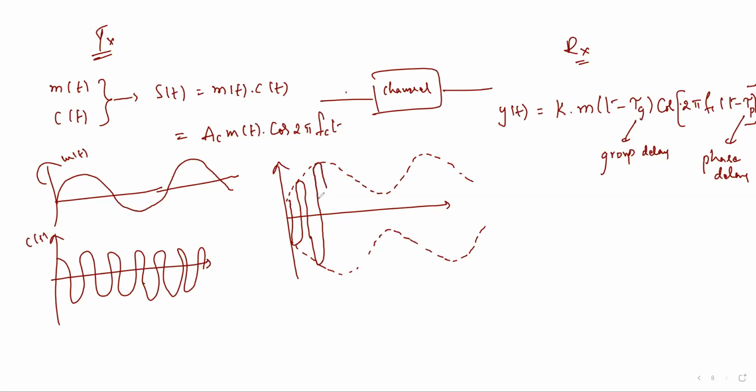The envelope means the track of the peak points of the wave. The dotted line is nothing but the carrier signal. Originally the carrier signal amplitude is constant. After modulation, the constant takes the form of the message signal.